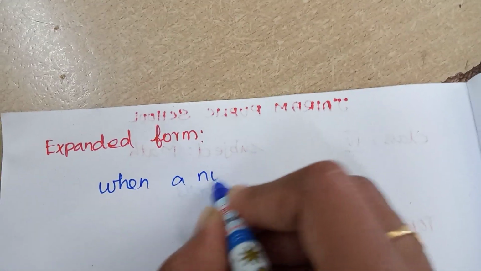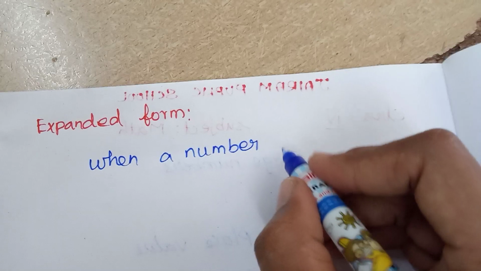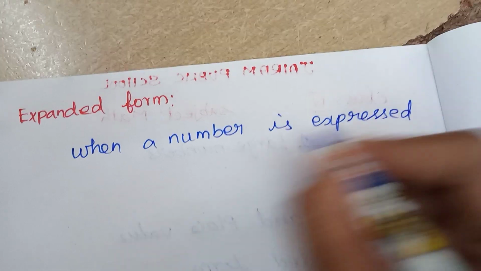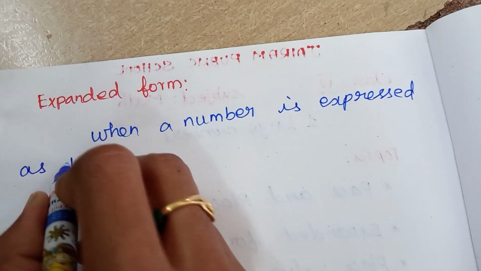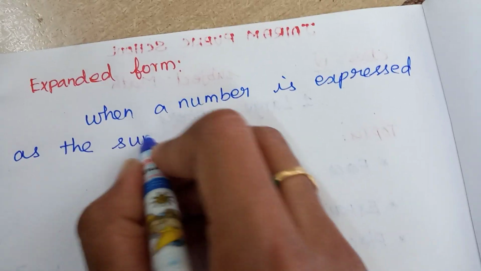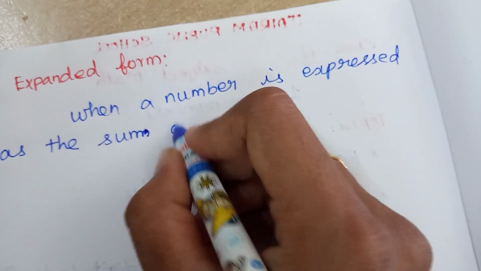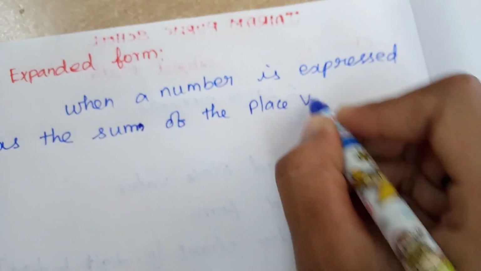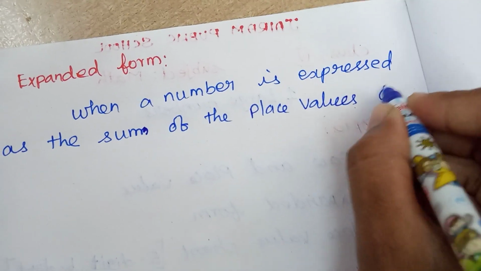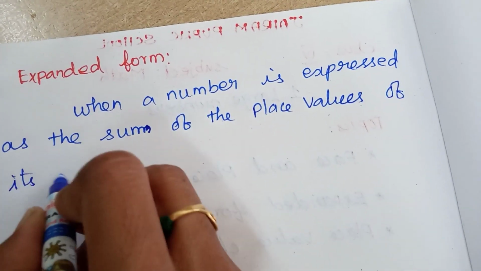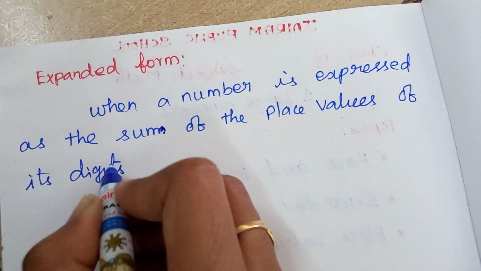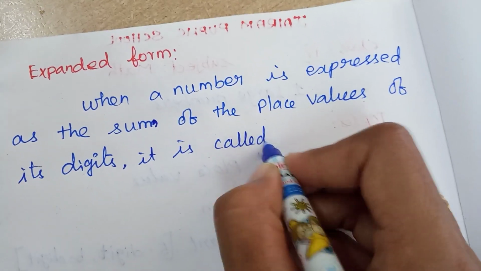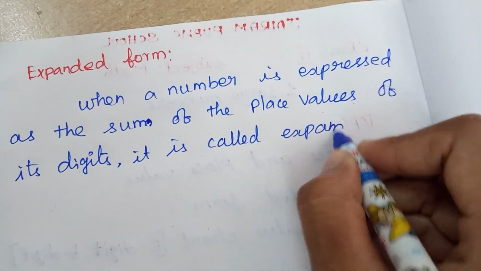When a number is expressed as the sum of the place values of its digits, it is called the expanded form.